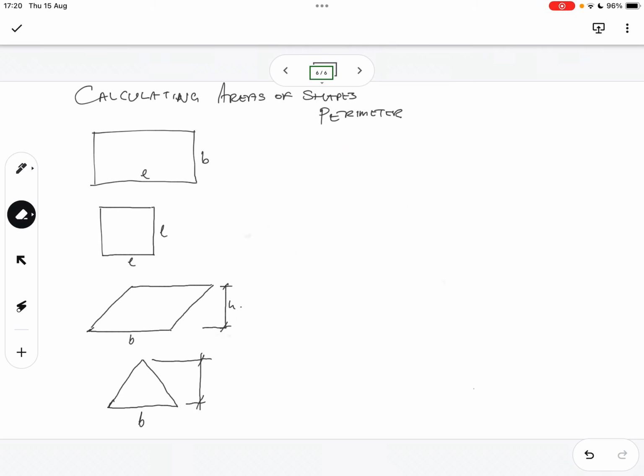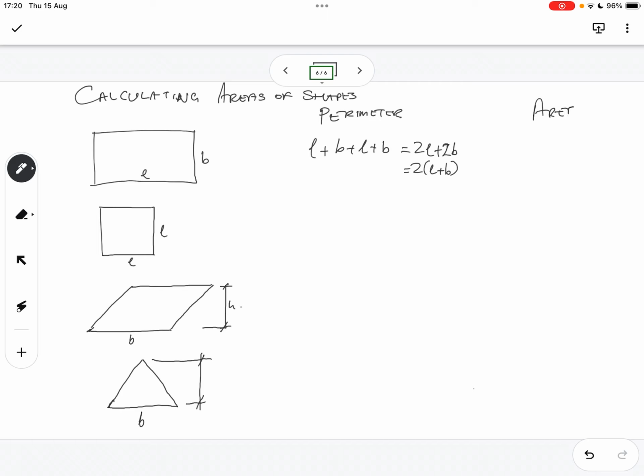Let me write it like L plus B plus L plus B. We've got like terms, so that's 2L plus 2B, or 2 into L plus B. Any one of those is correct.